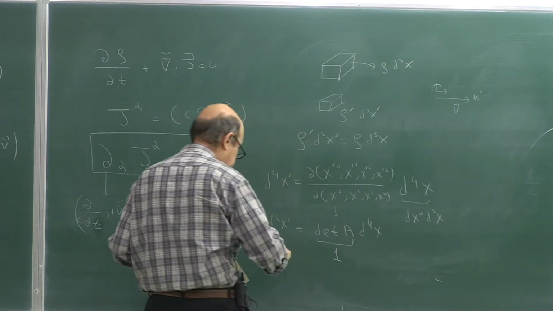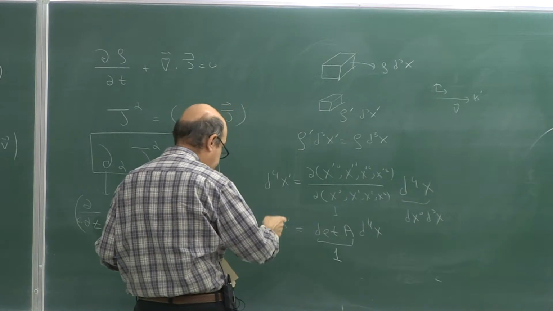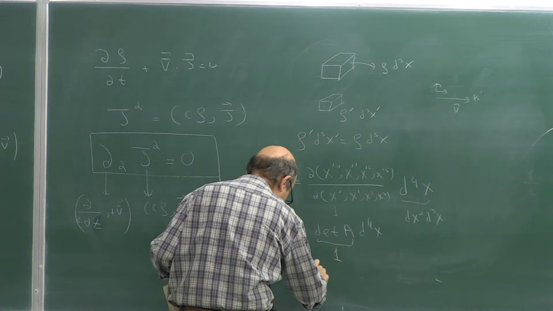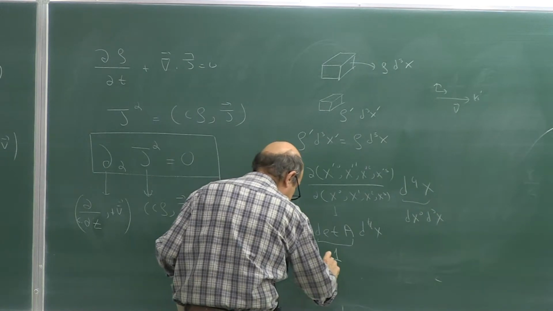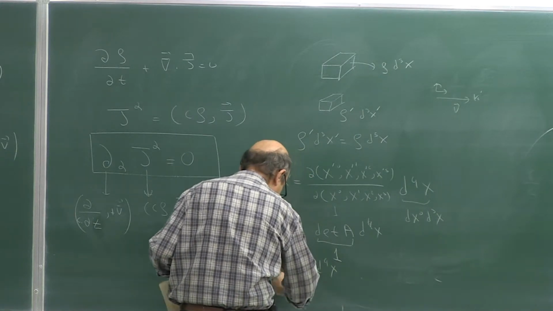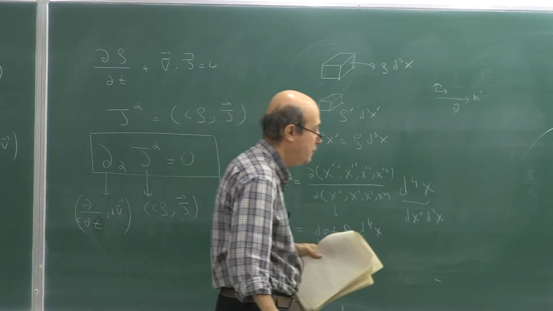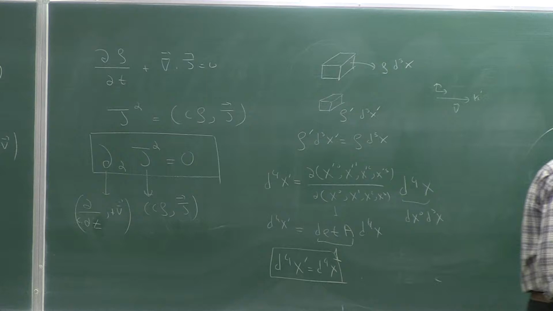This is for a proper Lorentz transformation. The bottom line is the following: d to the 4 x prime and d to the 4 x are the same. So the 4-dimensional, let's say, volume element in space-time is the same in all frames.